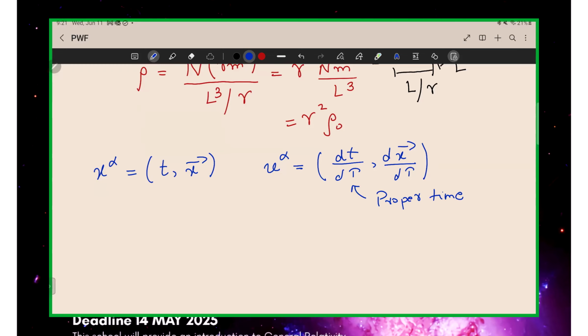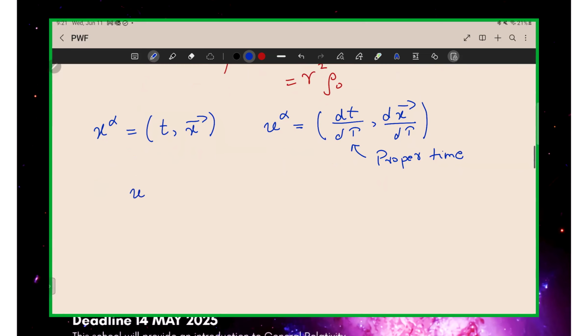Okay. Now the thing is that this time component of the four-velocity that I have written here is nothing but gamma. You can easily see that because of the time dilation formula. This is the time dilation formula, right? Well, what about the other components? Well, this is just gamma times the velocity vector, right?